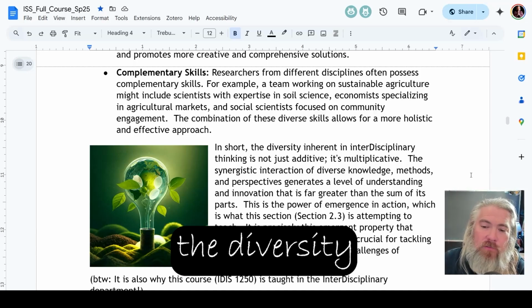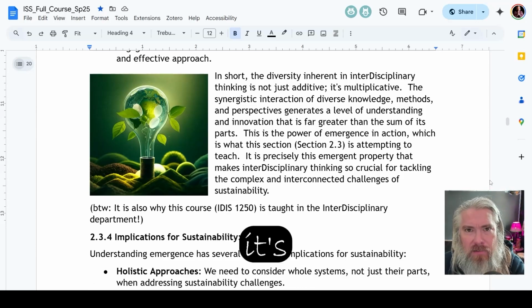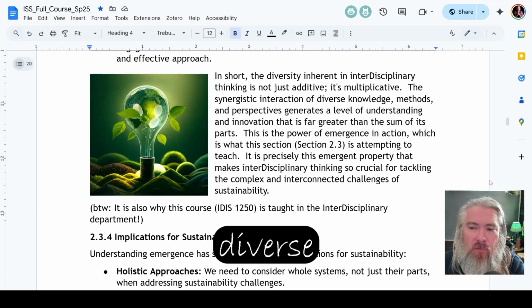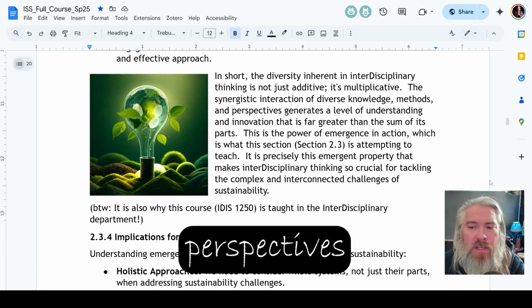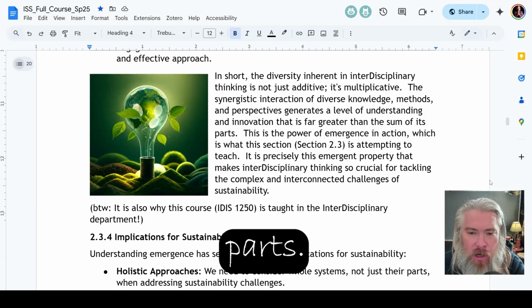In short, the diversity inherent in interdisciplinary thinking is not just additive, it's multiplicative. The synergistic interaction of diverse knowledge, methods, and perspectives generates a level of understanding and innovation that is far greater than the sum of its parts.